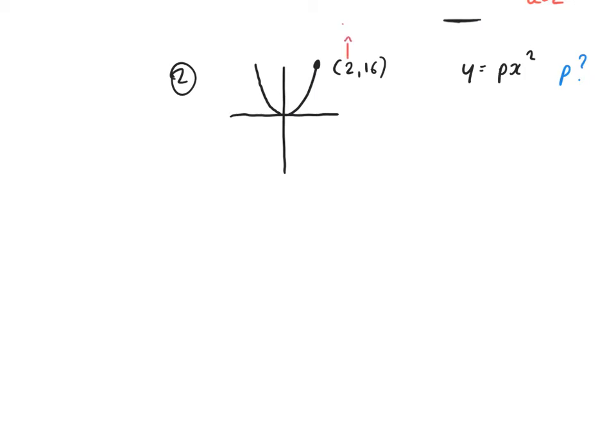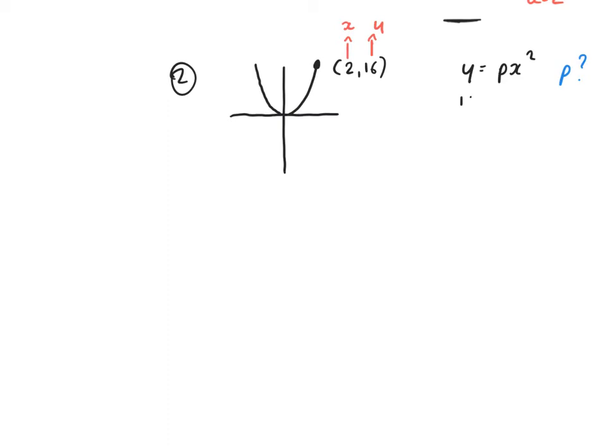Okay, example 2. We've got another parabola passing through the origin. This time it also passes through the point (2, 16), and I'm told this time that the parabola is of the form y equals px squared. This time we need to find the value of p. Okay, so when the x-coordinate is 2, the y-coordinate is 16, and I can make that substitution.